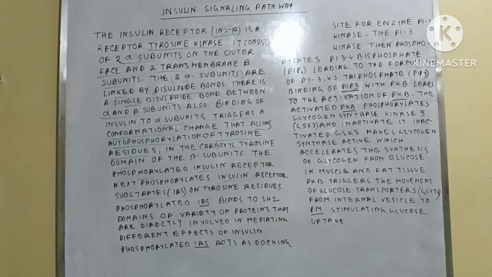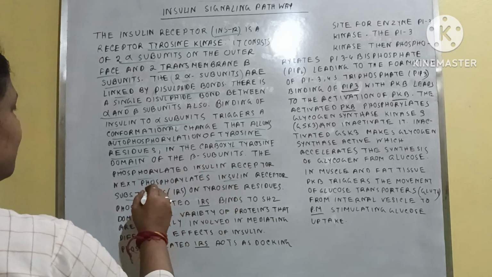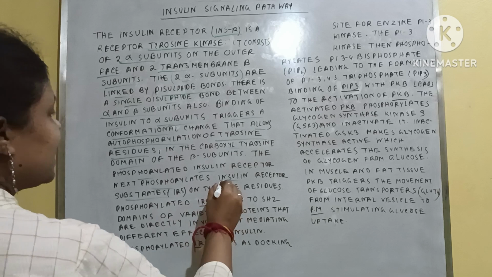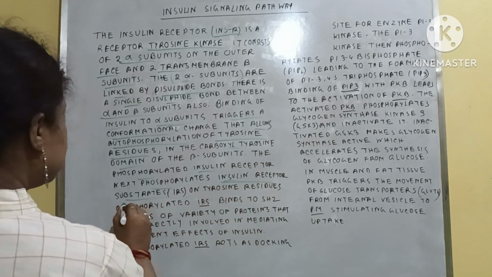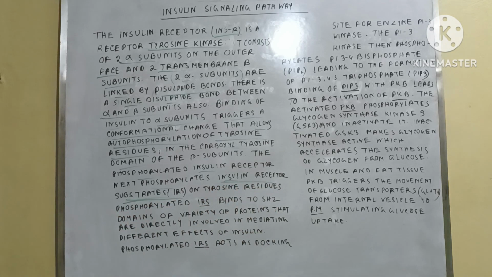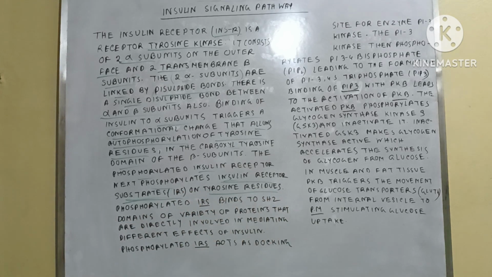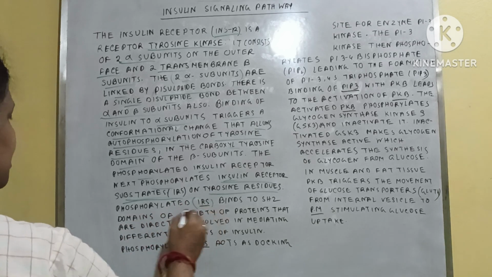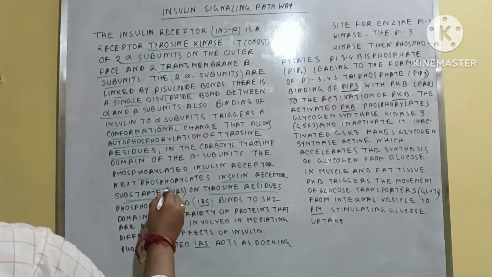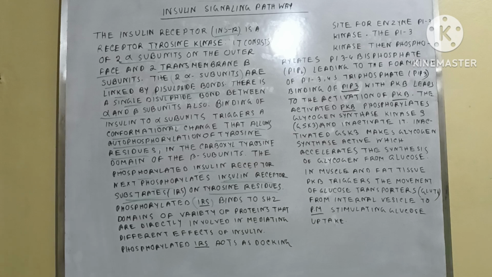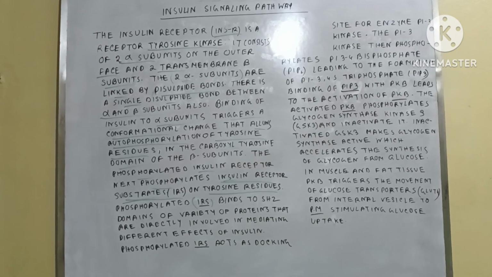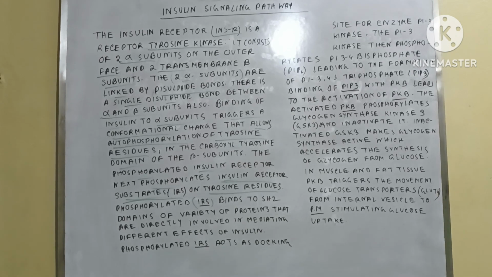So the phosphorylated insulin receptor next phosphorylates the insulin receptor substrates, on their tyrosine residues.